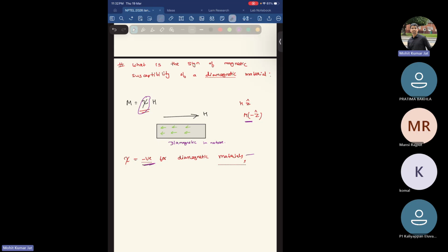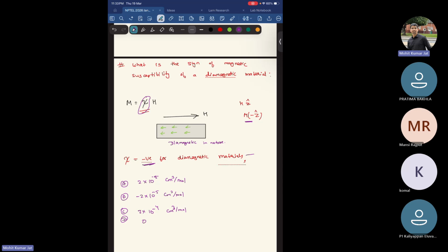So if you are given susceptibility-based options, then it becomes easy to identify. For example, if the question asks what the susceptibility is and you are given options A, B, C, and D, which say 2 into 10 power minus 5 centimeter cube per mole, minus 2 into 10 power minus 5 centimeter cube per mole, or maybe 3 into 10 power minus 4 centimeter cube per mole, or 0.